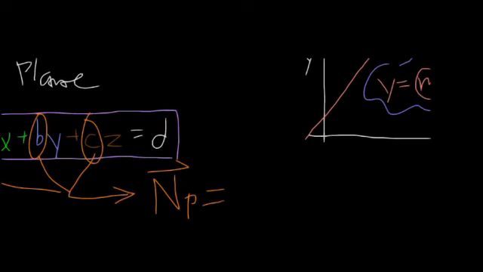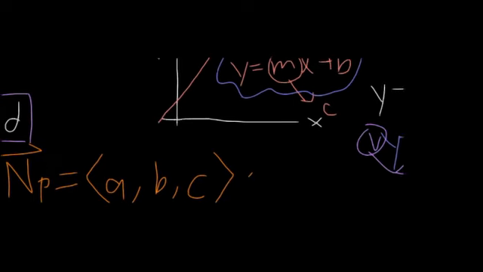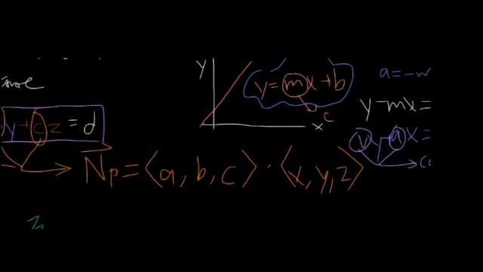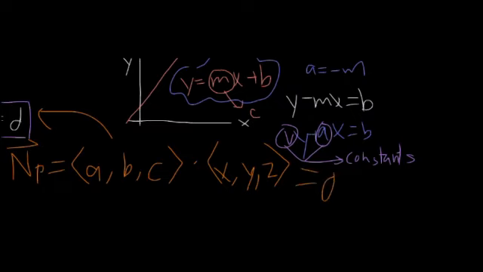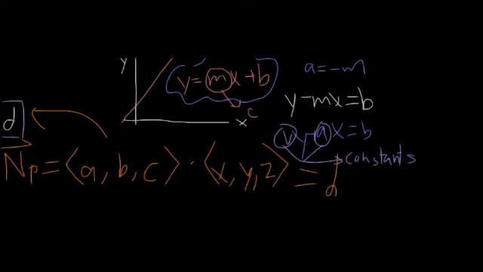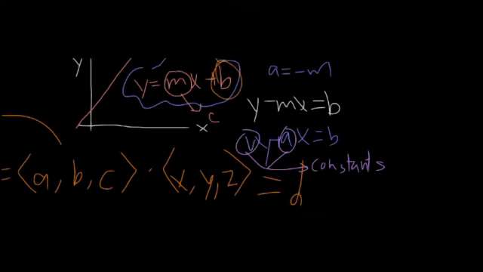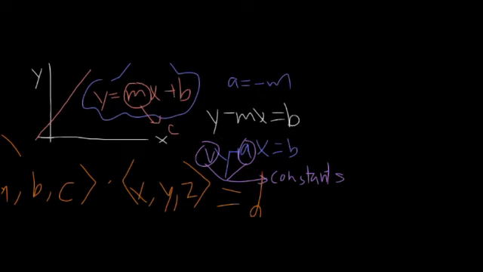It's going to be equal to a, b, c, and if you dot it with x, y, and z, you'll get this equation exactly, and that's also equal to d. And d is basically kind of like the b here. It's similar, yet not.